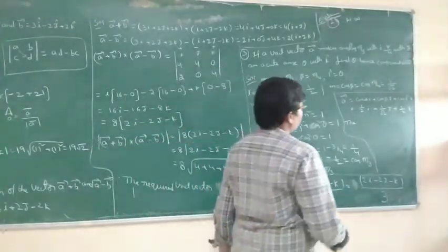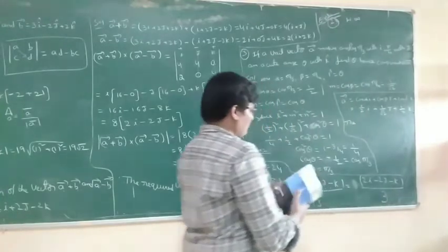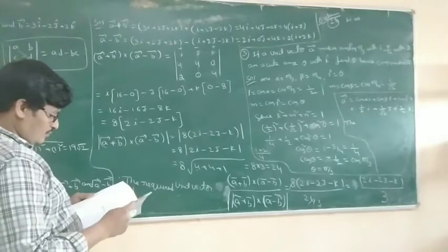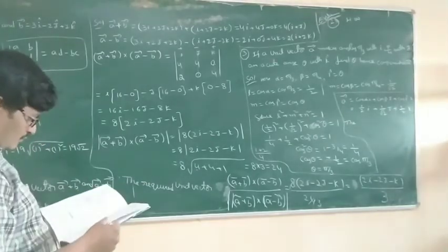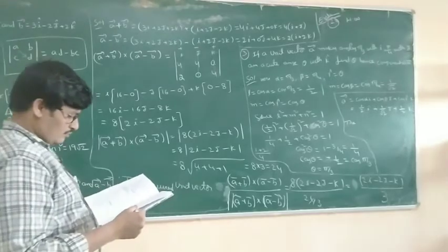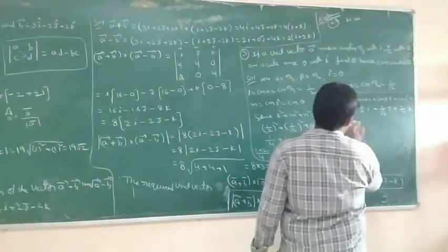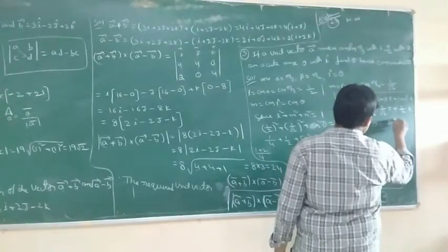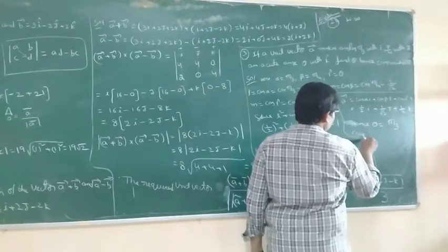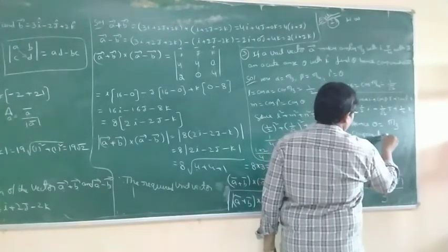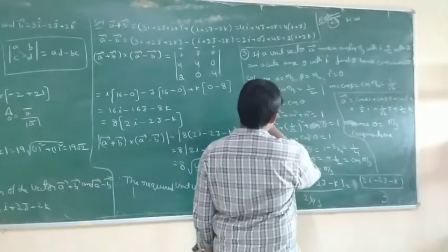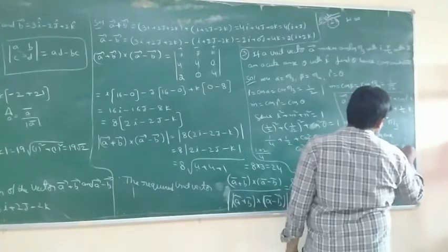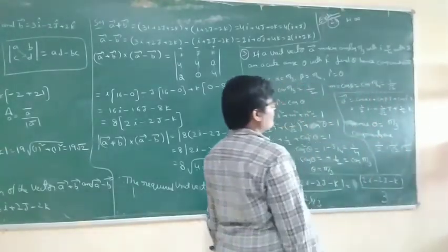The vector components of a bar are 1 by 2, 1 by root 2, 1 by 2. So the answer: theta is equal to 60 degrees and the components are 1 by 2, 1 by root 2, 1 by 2.